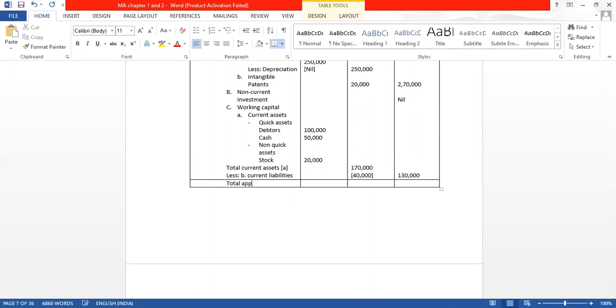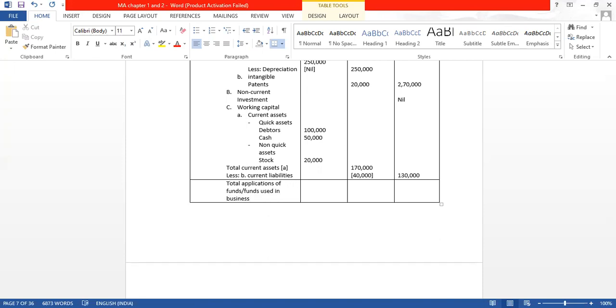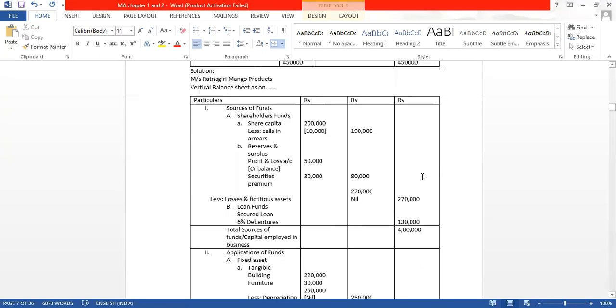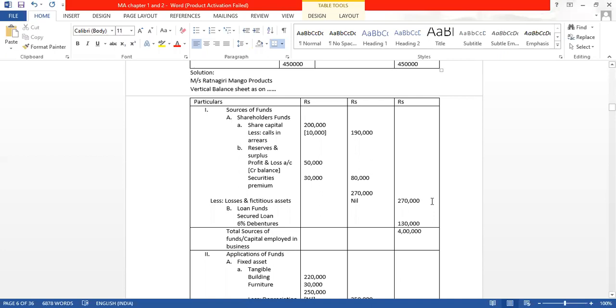Now what do we get? Total applications of funds, which we can also say funds used in business, which is how much? A plus B plus C. We get the money from shareholders. To do business, we get funds from the owners, who are the shareholders. But we may also take loans.